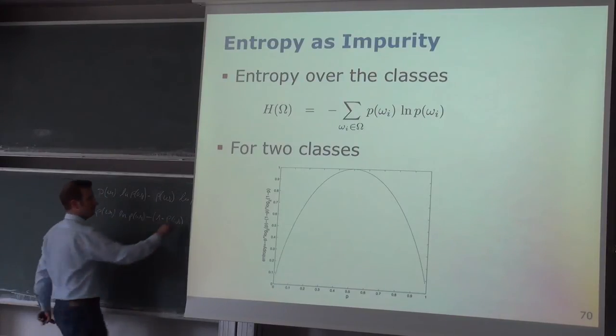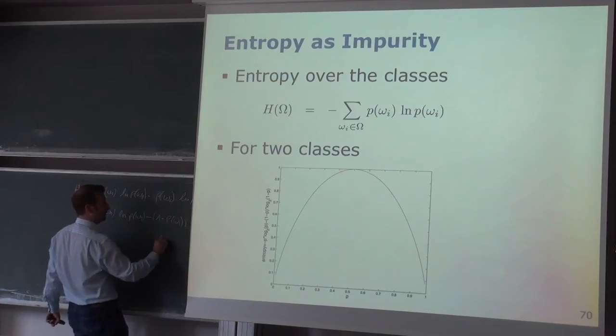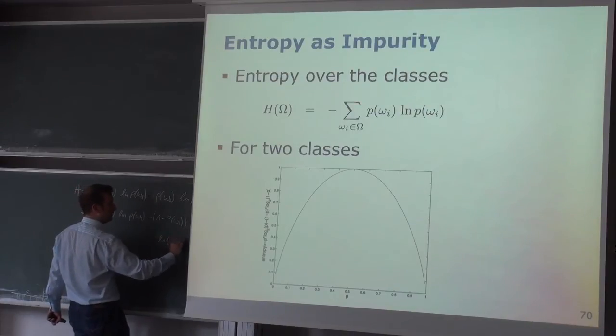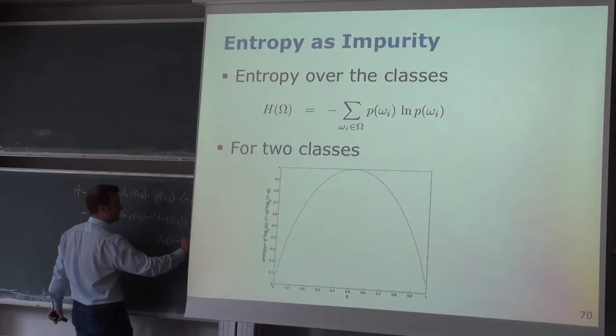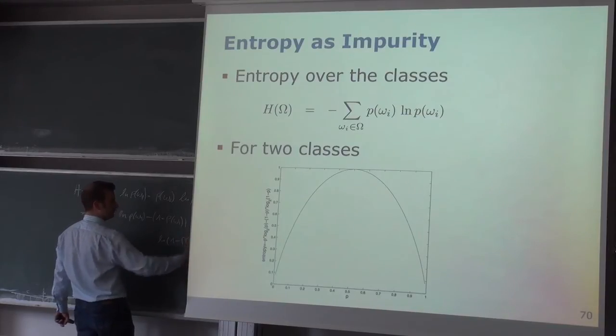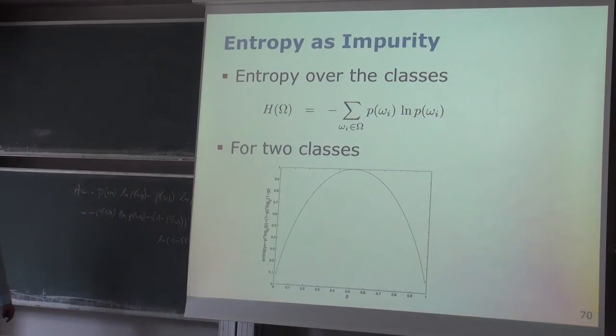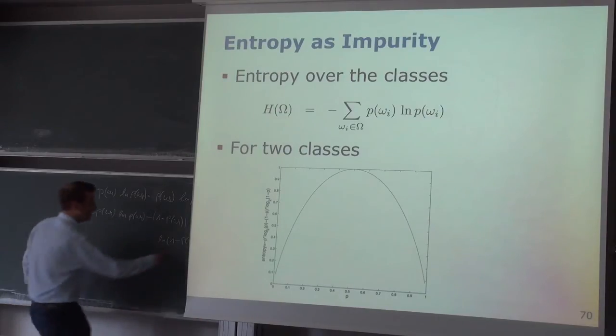Of course, this is equal to minus P(w2) ln P(w2) with P(w2) equal to 1 minus P(w1). Okay?